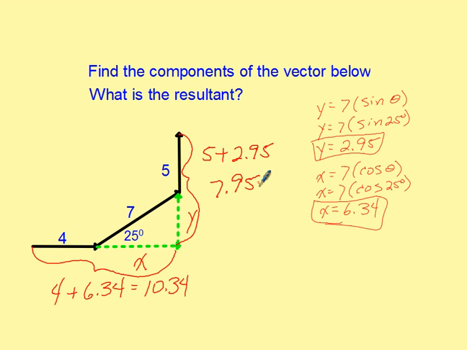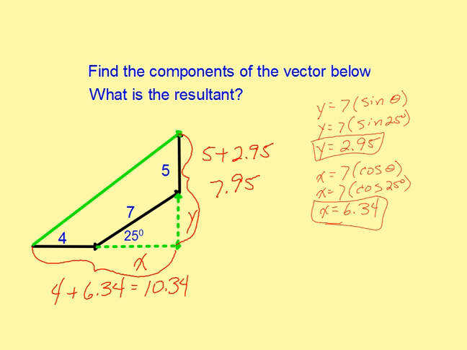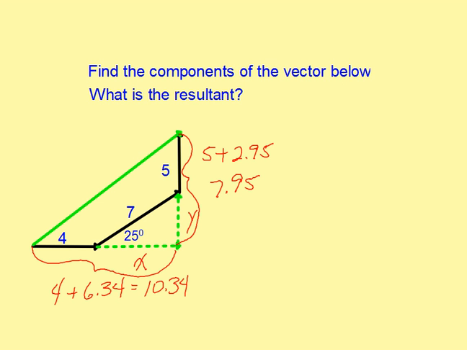Now if we want to find the resultant vector of everything that's going on here, we need to go from the tail of the first one to the head of the last one. And now we just use the Pythagorean theorem again. So c is equal to the square root of a squared plus b squared.